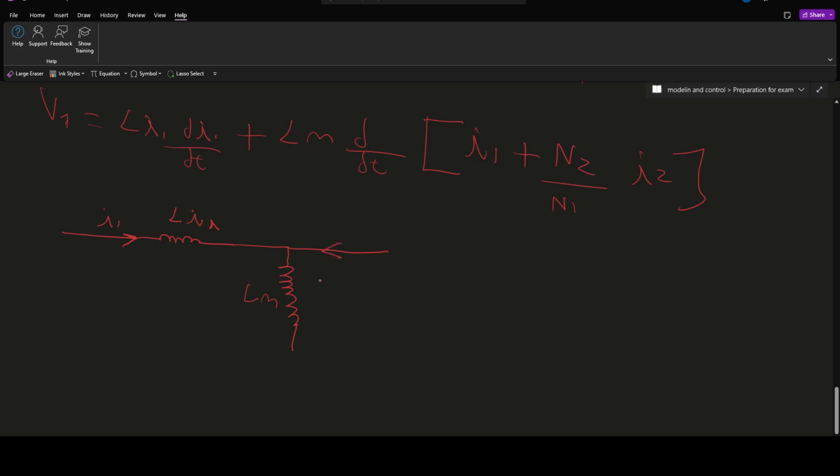Now we have I1 and I2, and I know that this current is going this way because they are adding up. So when we look at this node, we have I1 plus I2 multiplied by N2 over N1, and this is due to our coils, because we know this ratio from the transformer. So here we have our EMF that is producing this, and we have here N1.